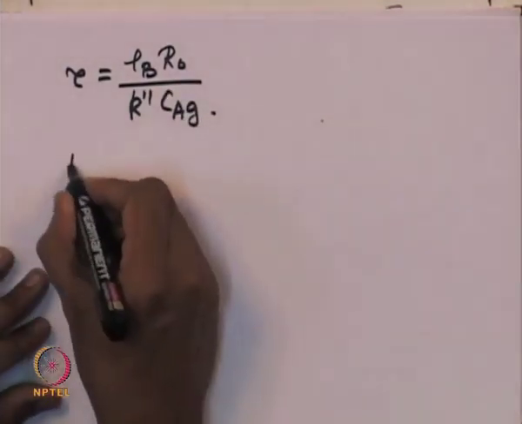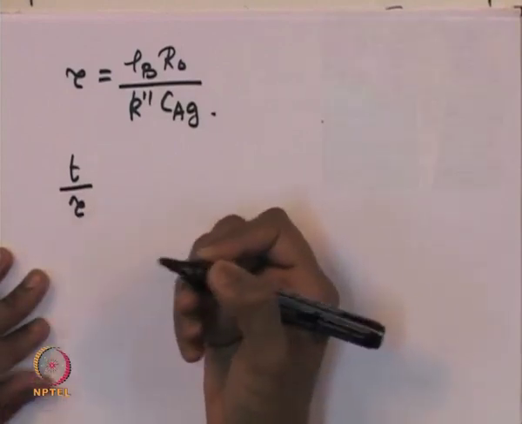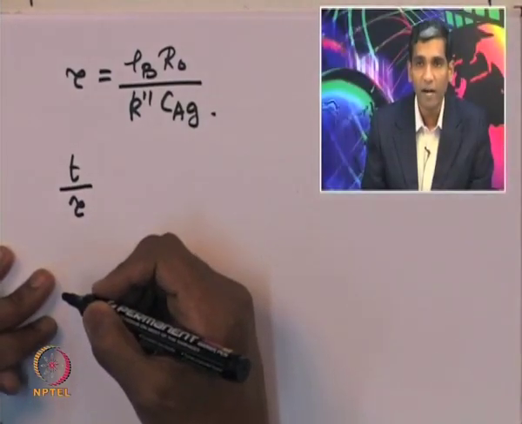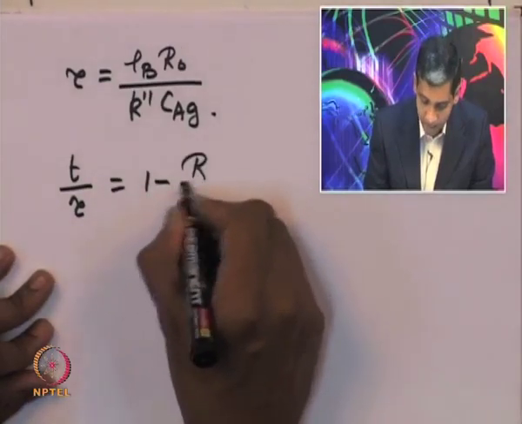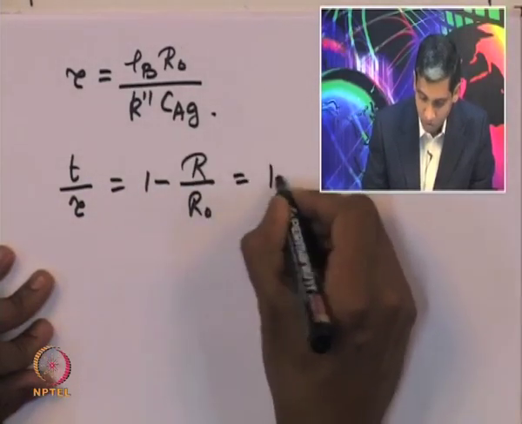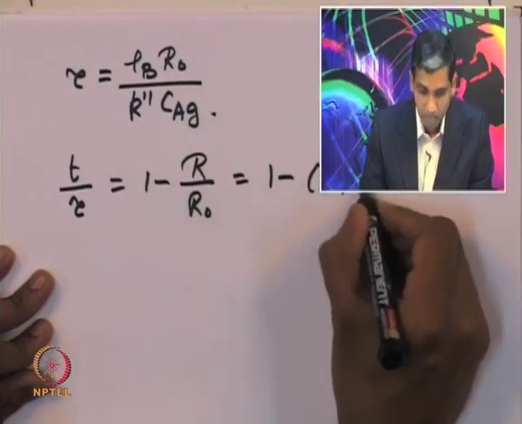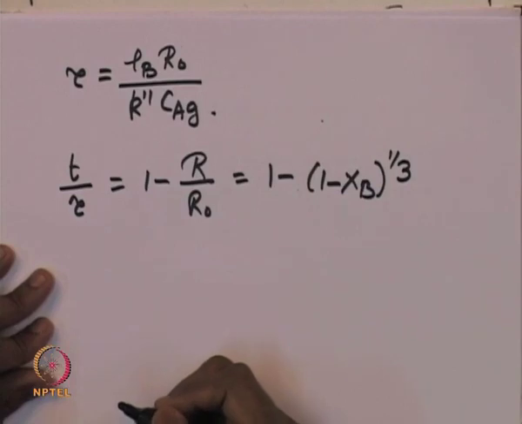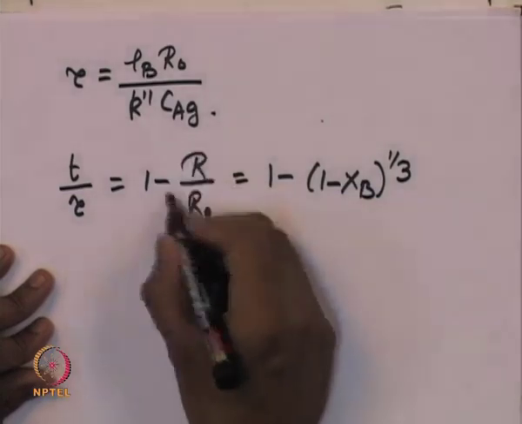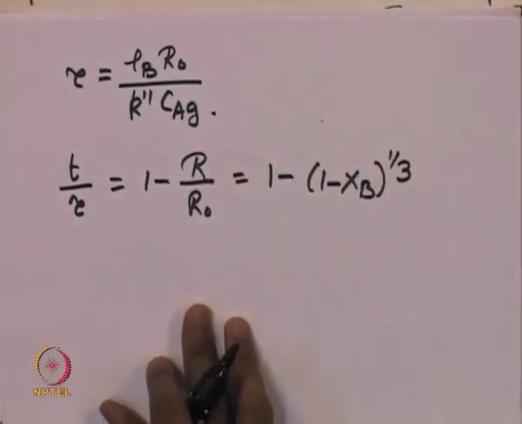Using this expression we can find the fractional time required for reaching a particular radius, that is t by tau, given by 1 minus r by R naught, and that is equal to 1 minus (1 minus X_B) to the power of 1 by 3. That is the relationship between the fractional time taken to reach a particular radius and the corresponding conversion if the system is reaction controlling.